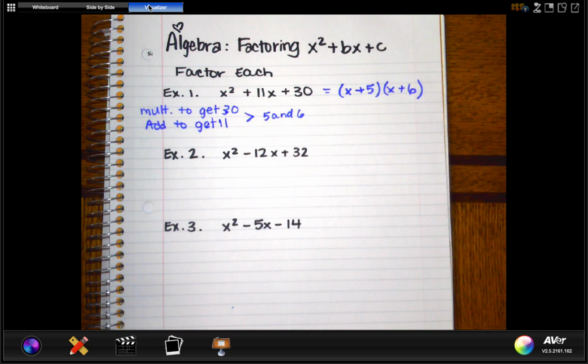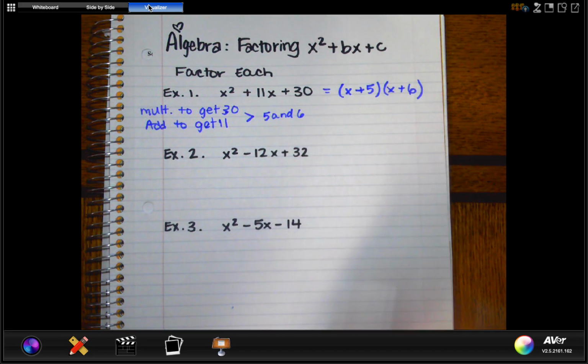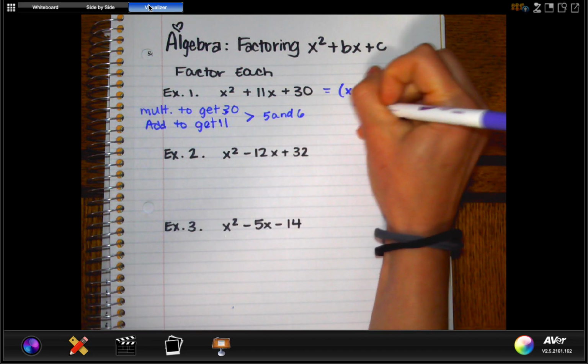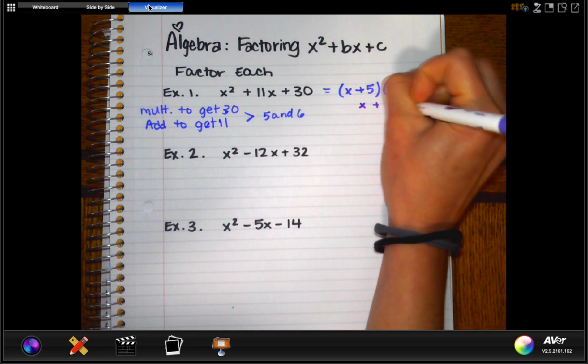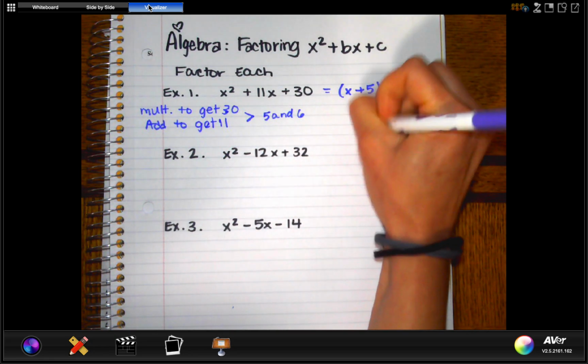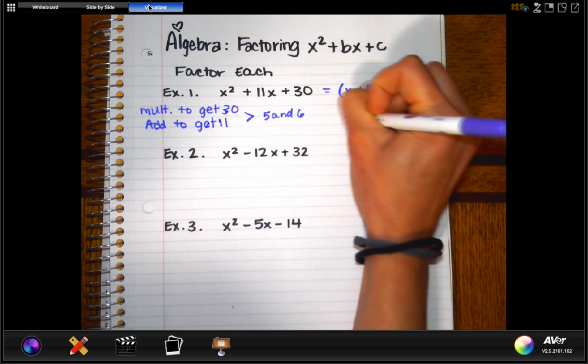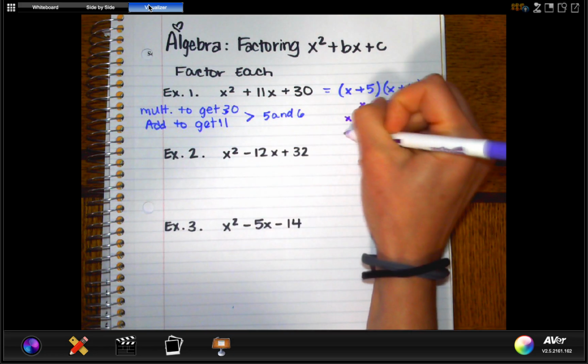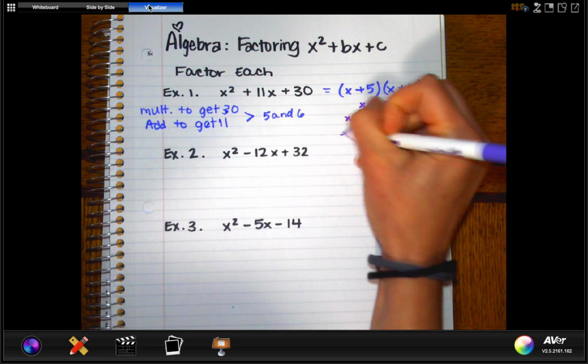If you wanted to check that, if you're being super thorough, you could do the box method and make sure that you get out what you originally had. So x plus 5 and x plus 6.